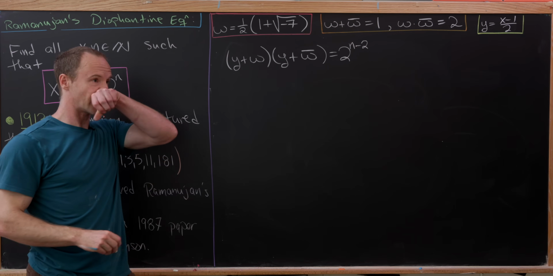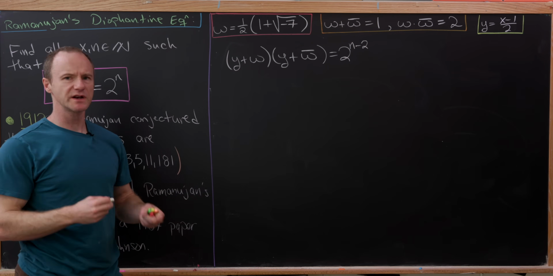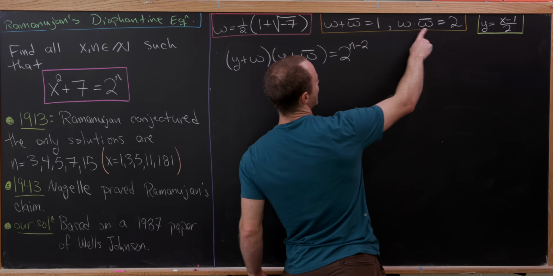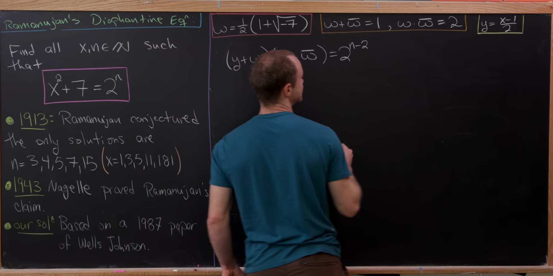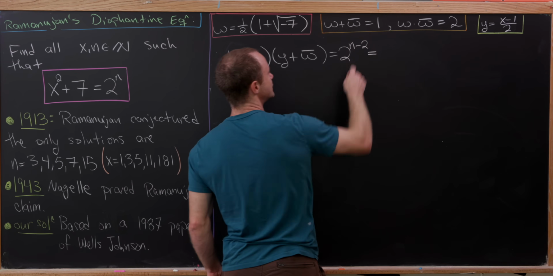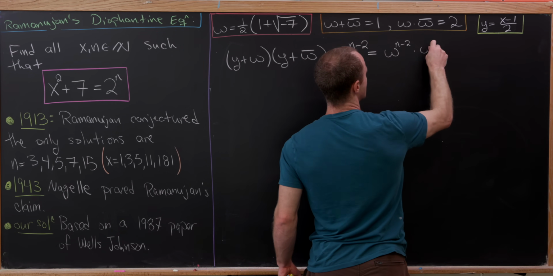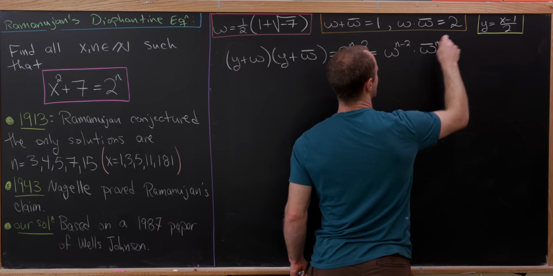Okay, let's see what we can do with this. So this is where we've gotten so far. Now we're going to do a couple of more little calculations. Next up, we're going to use the fact that omega times omega bar is equal to 2. So that means 2 to the n minus 2 is the same thing as omega to the n minus 2 times omega bar to the n minus 2.